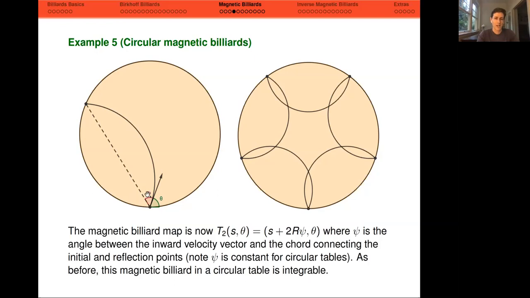So it's that red angle psi in the picture. In circular tables, this angle psi is constant and a lot of the dynamics depends upon this psi. Broadly speaking, if you can get a handle on what psi is, then you have a very good understanding of what the dynamics is going to be on that table. The second picture on the right here is a period 5 orbit in this magnetic billiard setting.